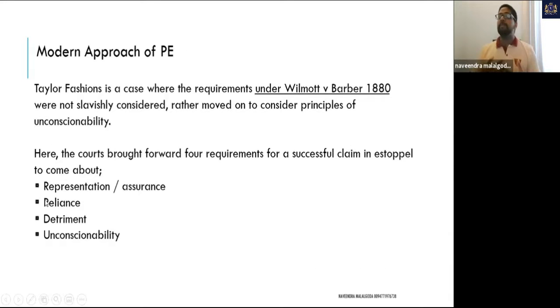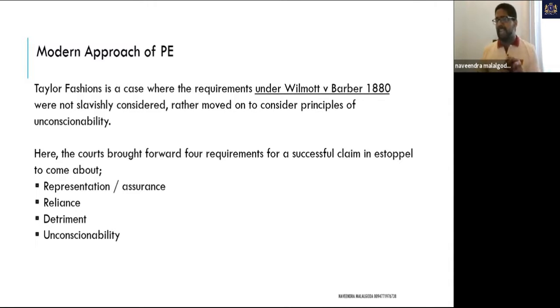So we go on to the modern approach of proprietary estoppel. Now, these set of principles were clearly applied in the case of Taylor Fashions. The Taylor Fashions case went away from the Wilmot criteria, the five probandhas we mentioned earlier.